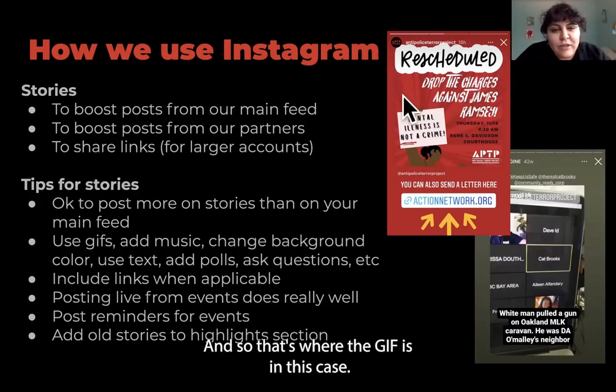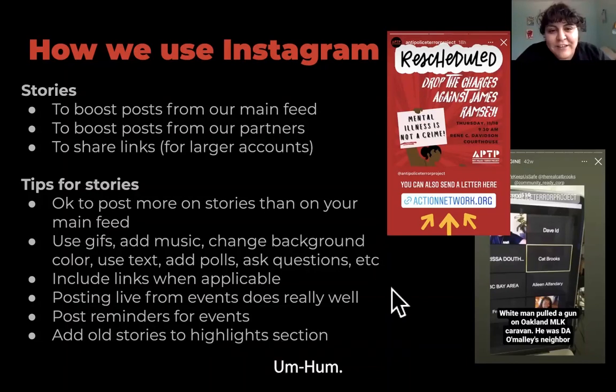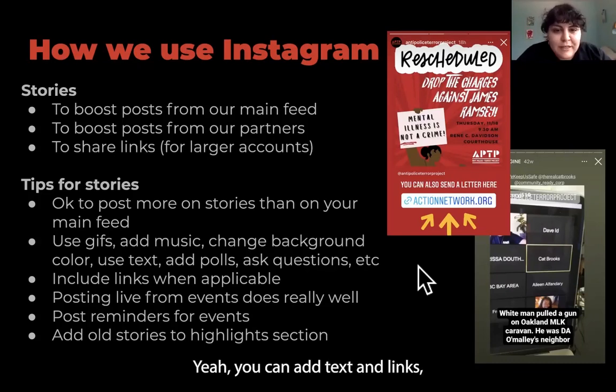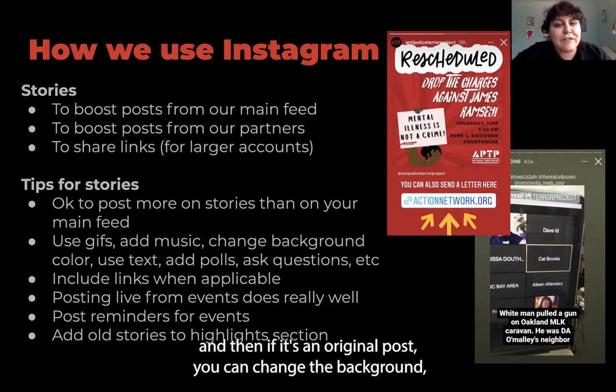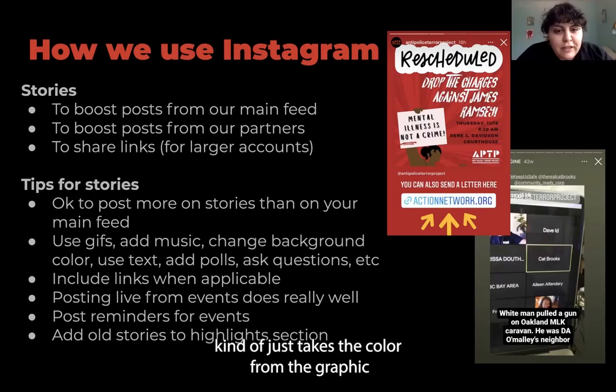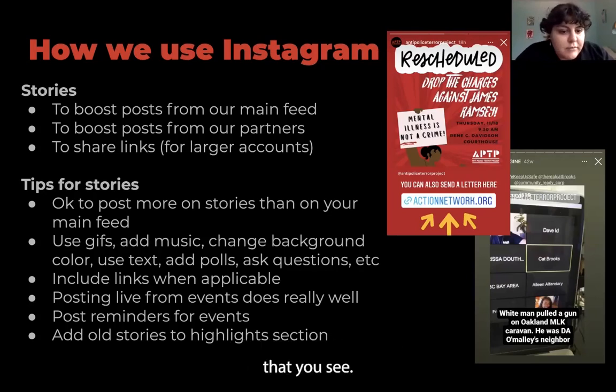And so that's what a GIF is in this case. I also added little arrows, and those arrows are also animated. And you can add text and links. And then if it's an original post, you can change the background color and stuff. But if you're sharing a post from your feed, it just takes the color from the graphic that you see. That's my understanding.